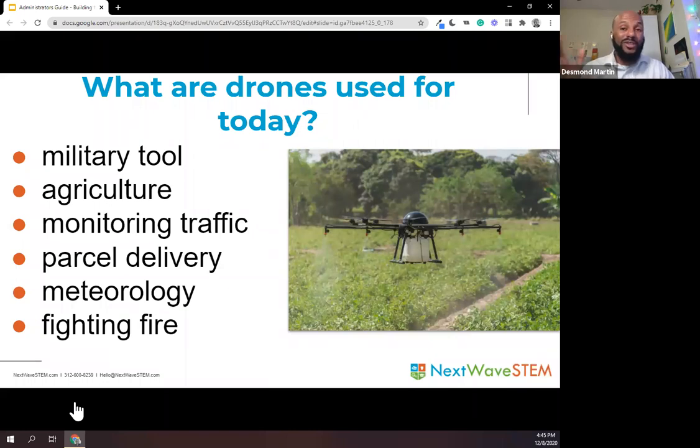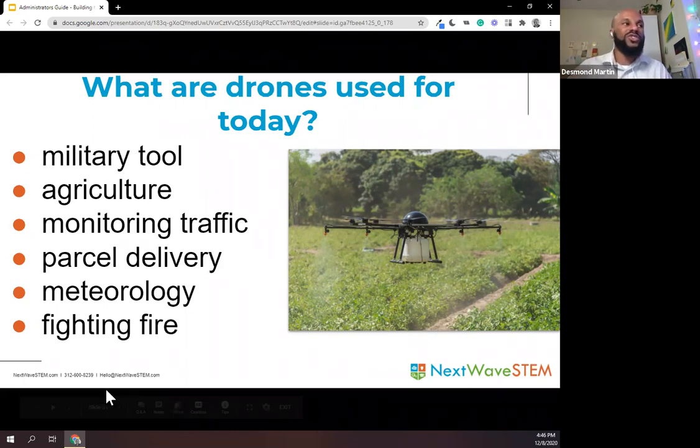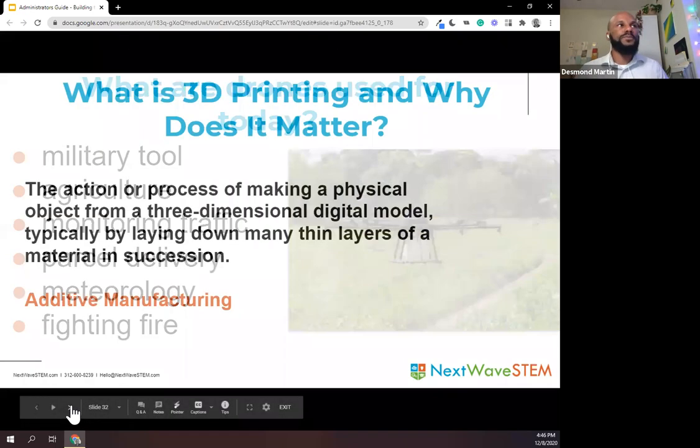Amazon's been doing that work, and there's some other really exciting startups that are doing that work too, but also expanding it out into meteorology and astronomy, and even firefighting, public safety applications. We want to make sure that our students are able to do things like the FAA Part 104 certification, so they can operate drones remotely, and then know more about drones and take those pathways towards the drone industry.